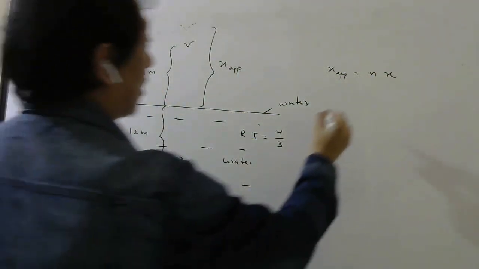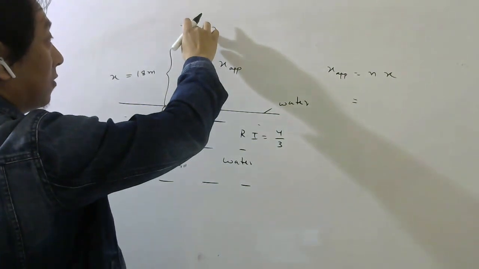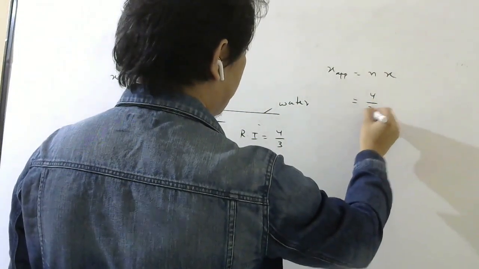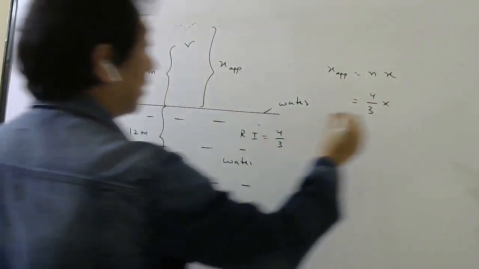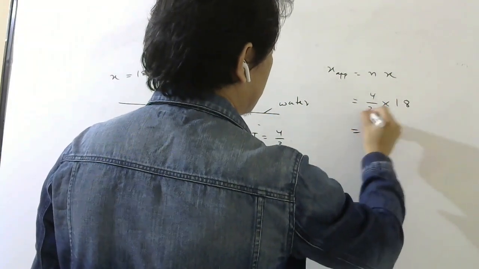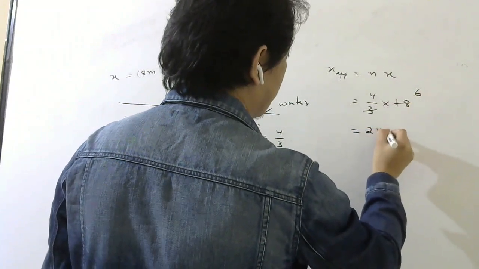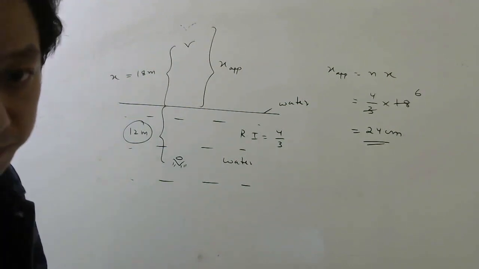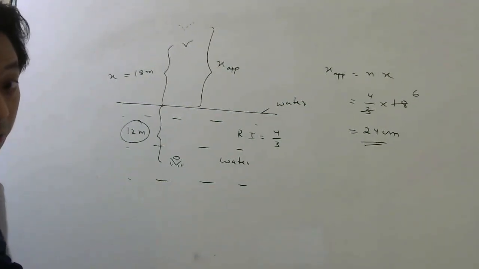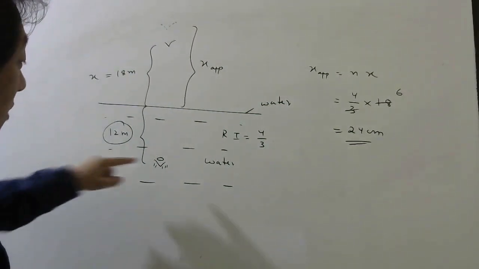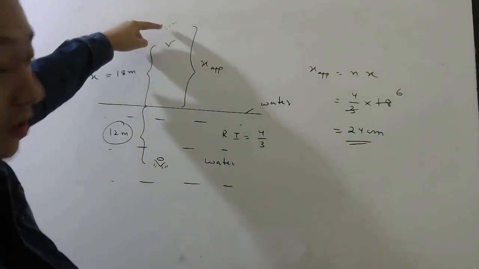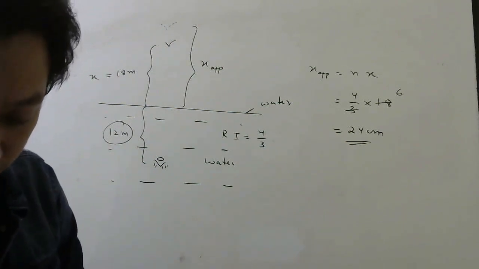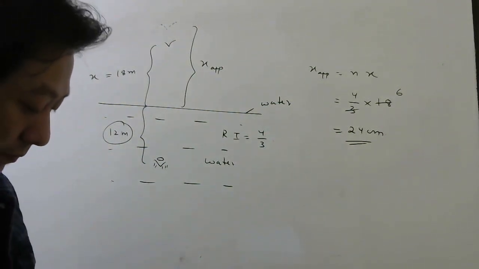So apparent distance of the image of the bird from the surface will be 4 by 3 into x. X is 18. So 3 sixes are 24. So answer is 24. Then there was no need to give this, right? But if they wanted the distance of the image from the observer, then you have to add 24 plus 12. So here the answer is just 24.